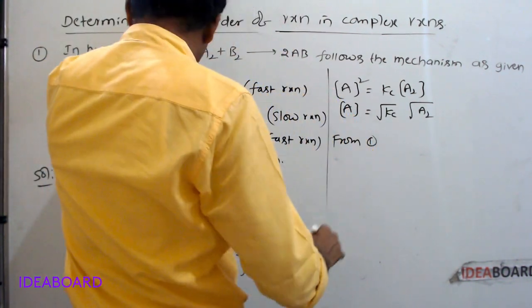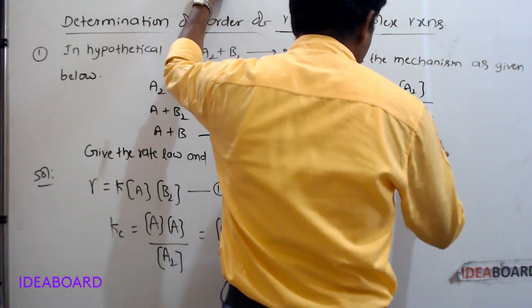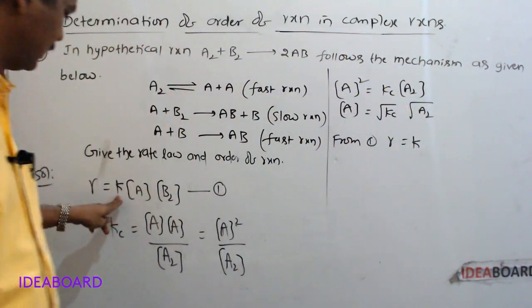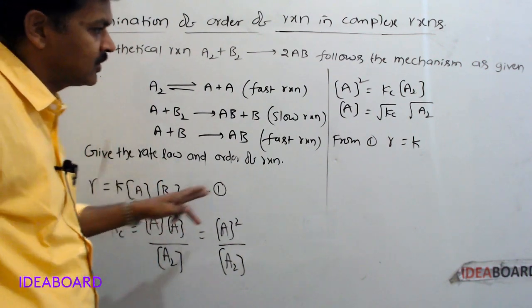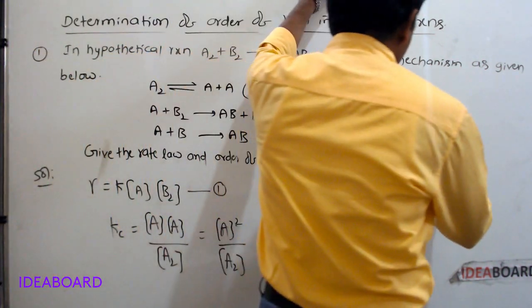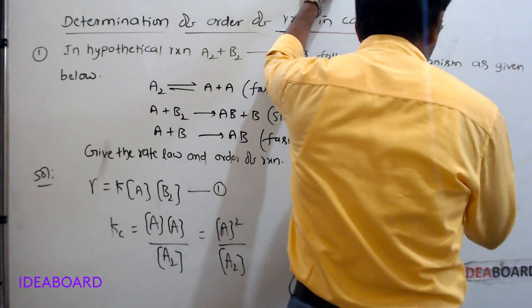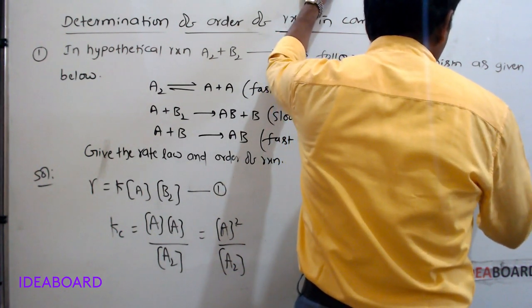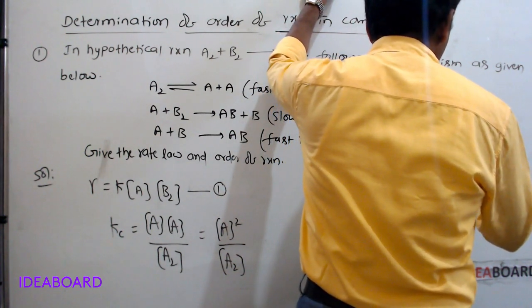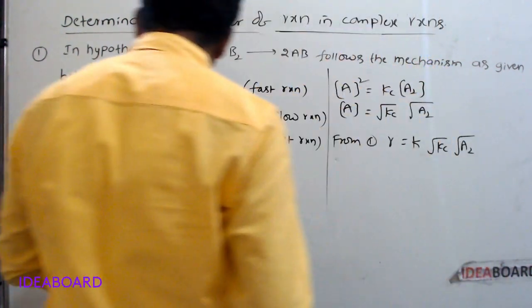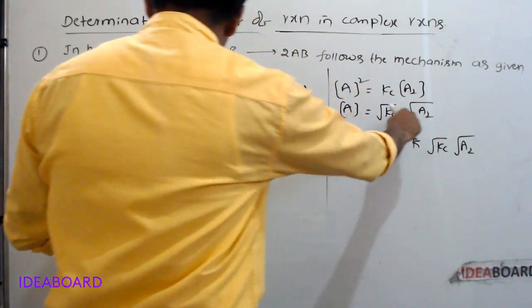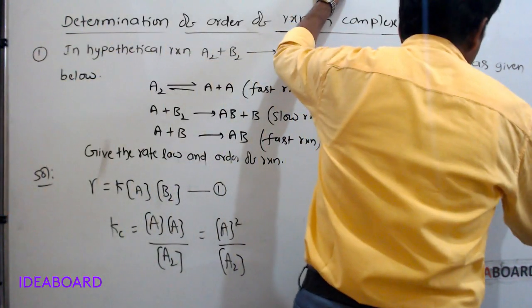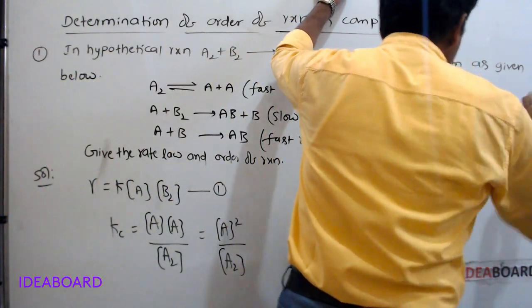From 1, rate is equal to K, this is the rate constant, K into, instead of this [A], we can write root Kc into root of [A2]. Next, [B2] concentration.